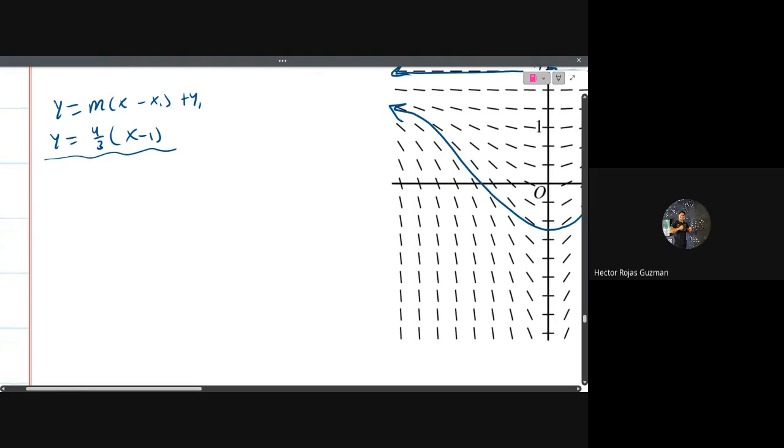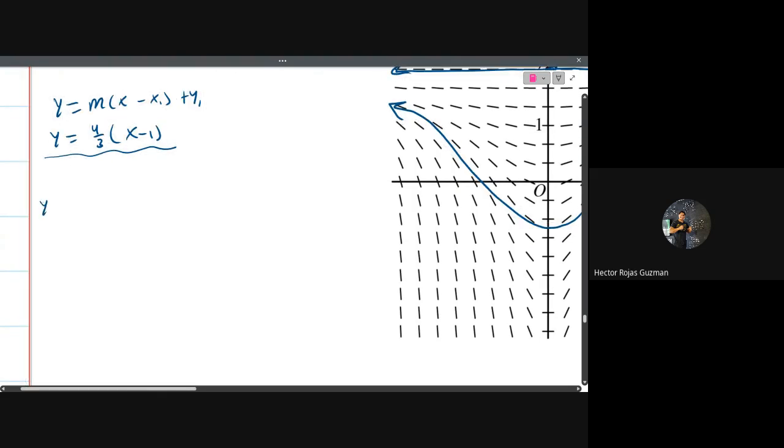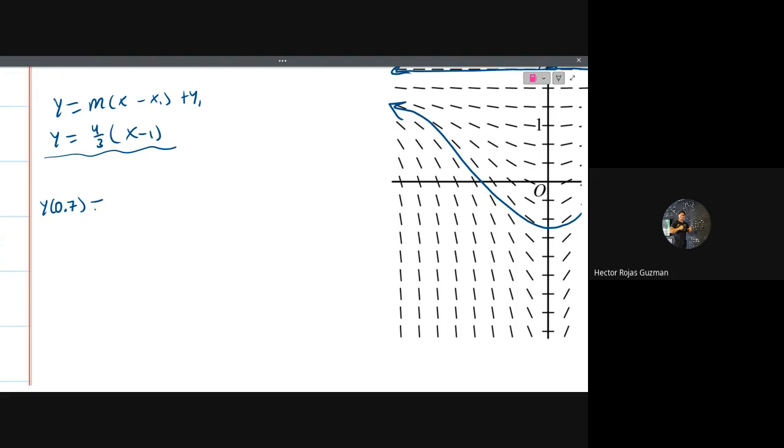Now use it to approximate f of 0.7. 4/3 times 0.7 minus 1 equals this. You can work on it however you want.